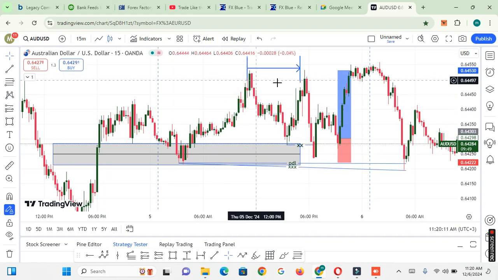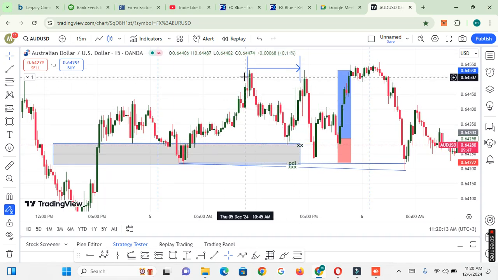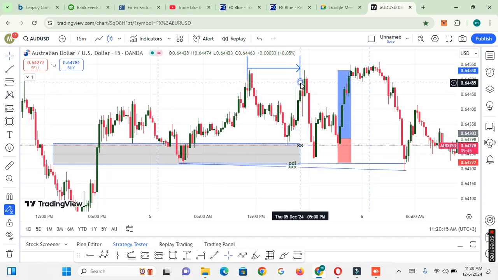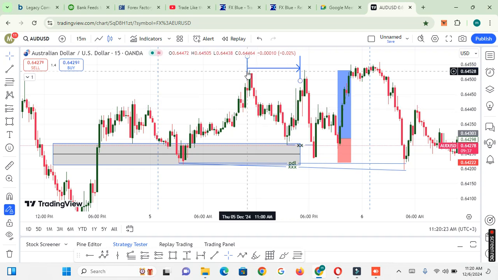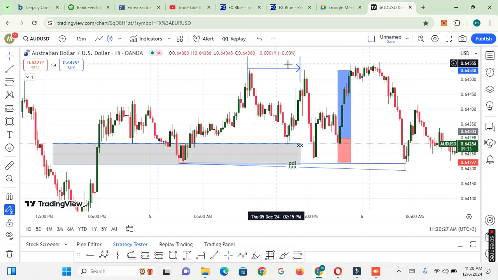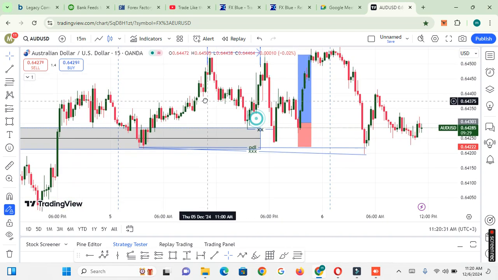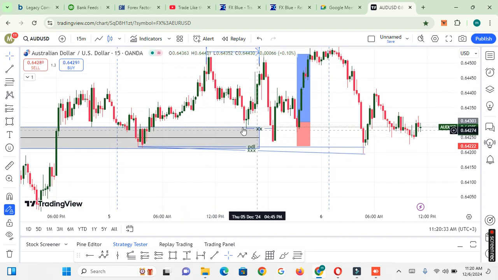So you can see what I have highlighted here. This is my time window whereby I count this as the London session, the London high and the London low. So for me to take any trade, I had to first come for the liquidity, whether it was the London low or the Asian low, right?